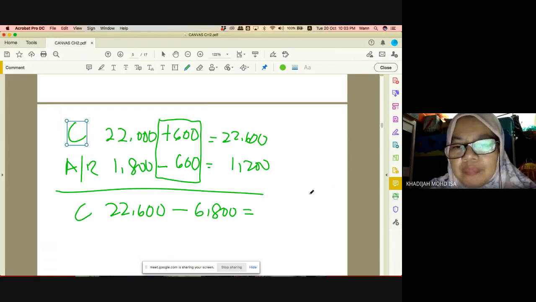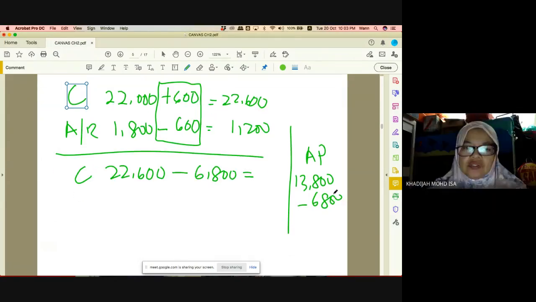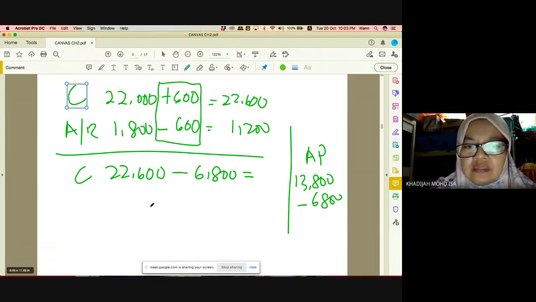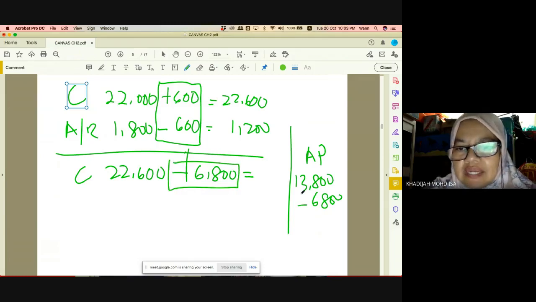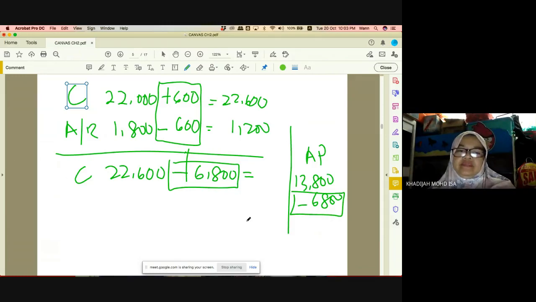Your accounts payable was initially 13,800, minus 6,800. See? This goes down, so the balance is 7,000. If you look at it this way, this side goes down 6,800, and this side also goes down 6,800. So the equation is still the same, only the values go down.